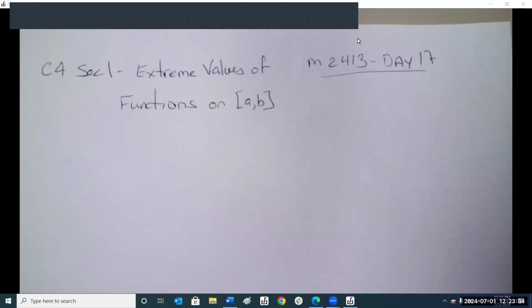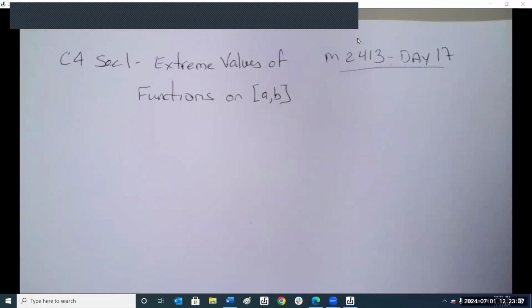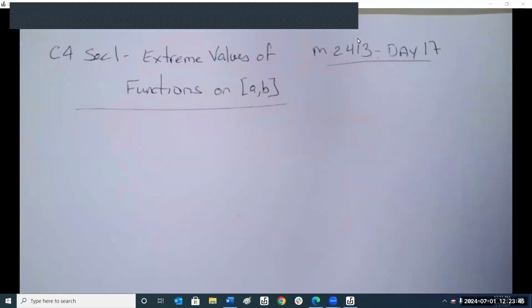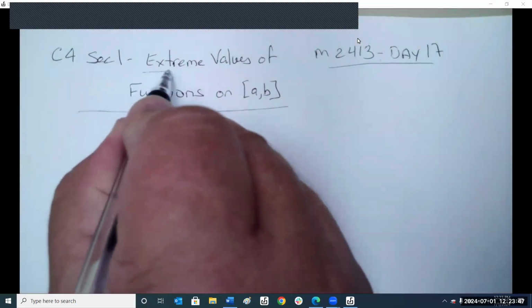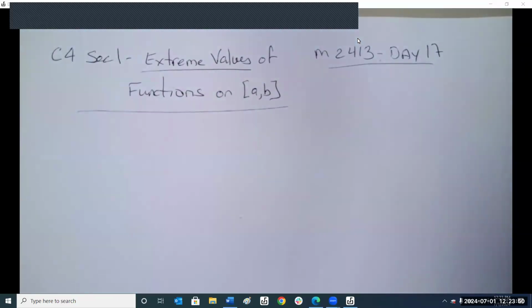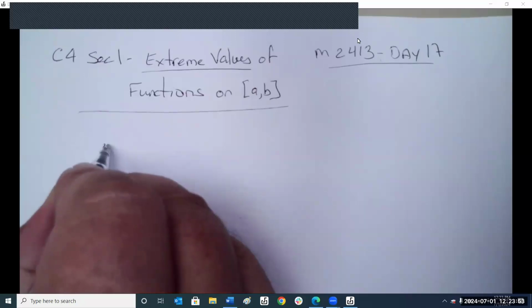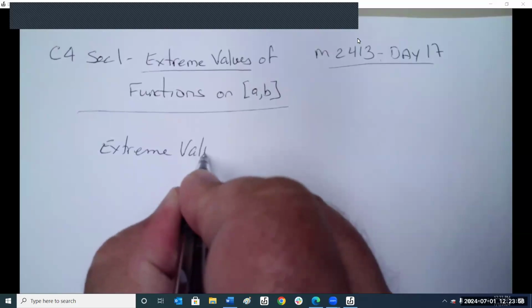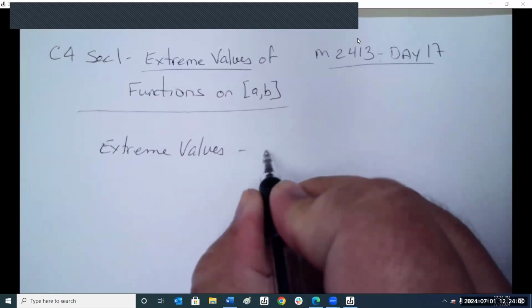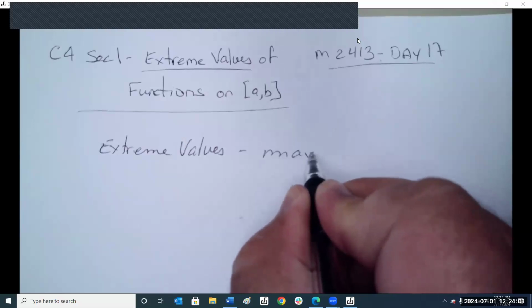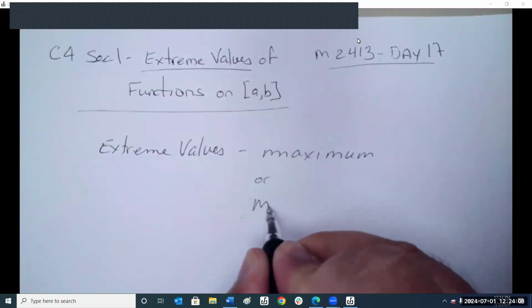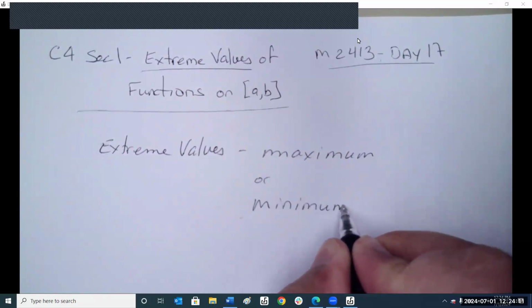Okay, chapter 4, section 1, extreme value of functions. By extreme values, that means they're either a maximum or minimum.